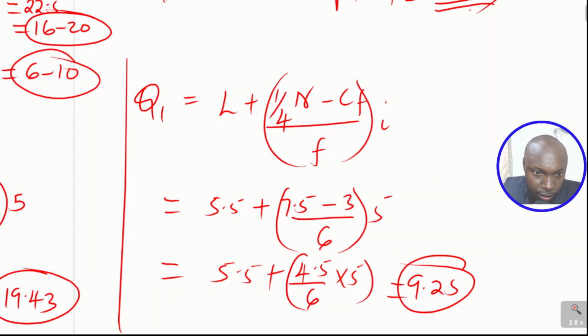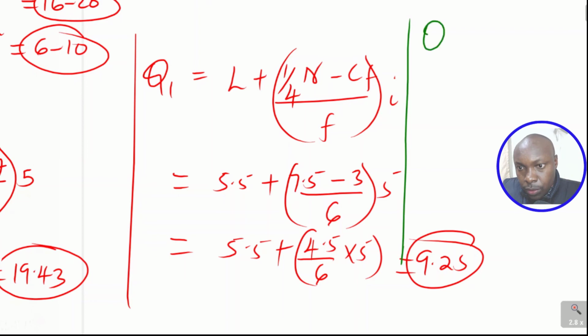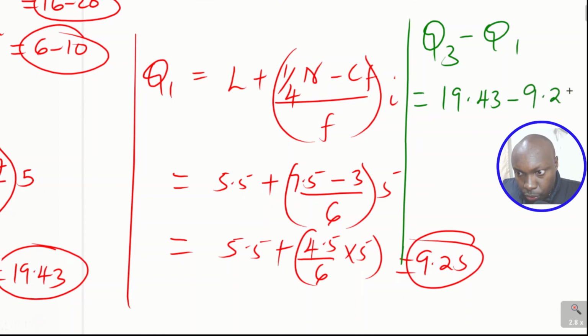So now we have Q3, which was 19.43. The interquartile range is Q3 minus Q1. Q3 was already 19.43, then Q1 is 9.25.